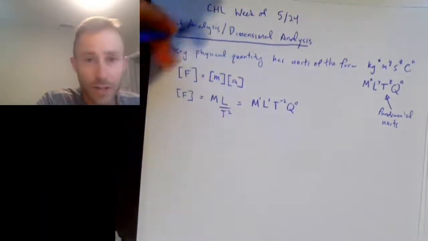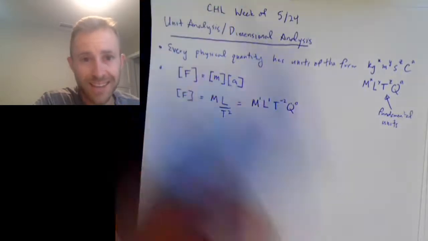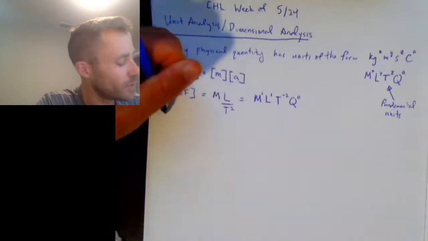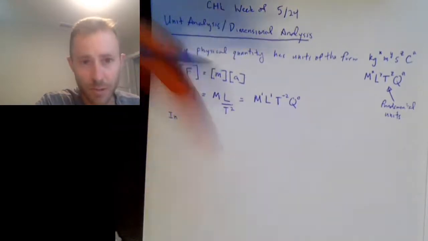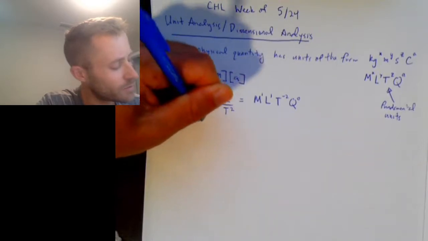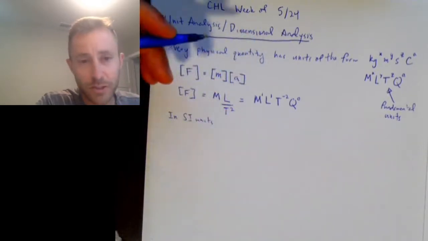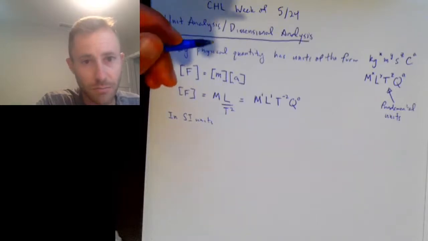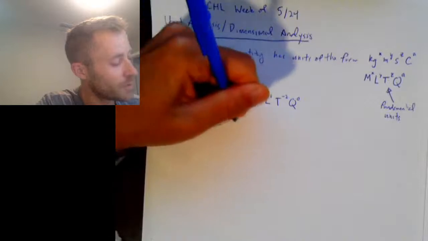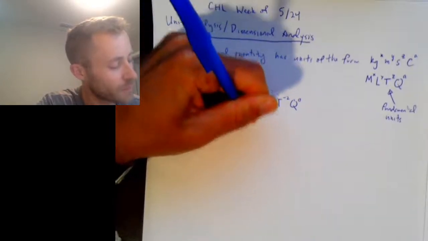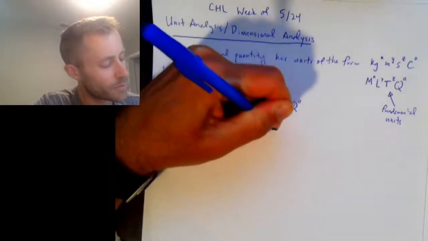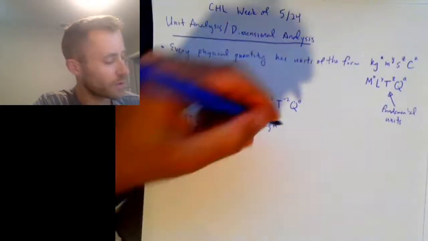Now, of course, if I chose to write this in SI units, and when I say SI, I mean metric, SI stands for Système International, that would mean that the units of force are kilogram meters per second squared.